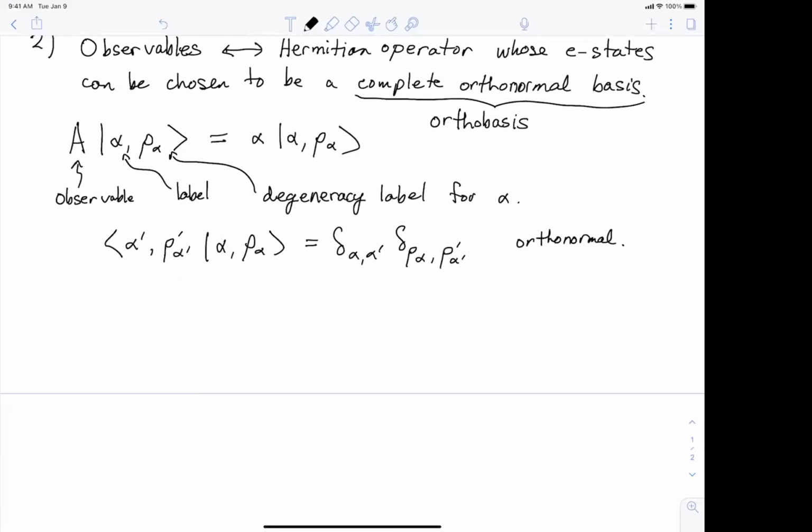Okay, and then they're complete. Complete means if we sum over all of them, with an outer product, so that means we do this, then we get the identity operator.